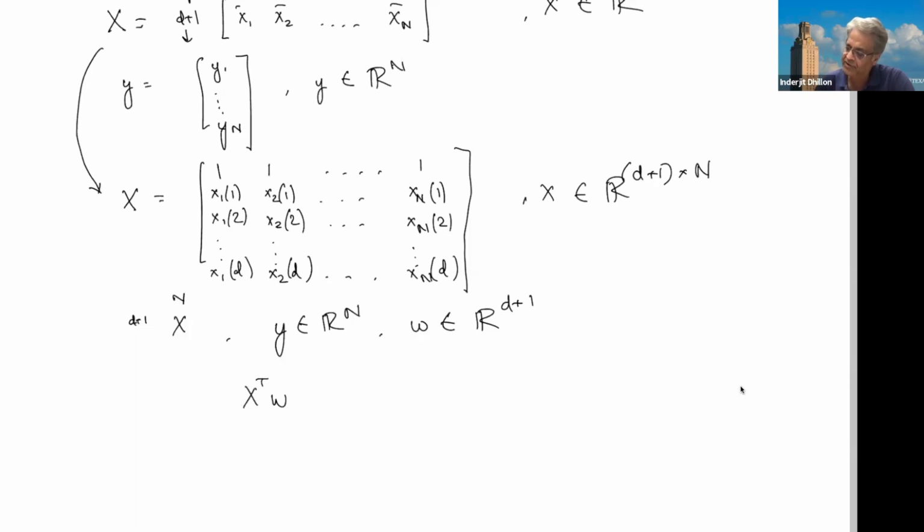X transpose is n by d plus 1, and my W is d plus 1 dimensional.